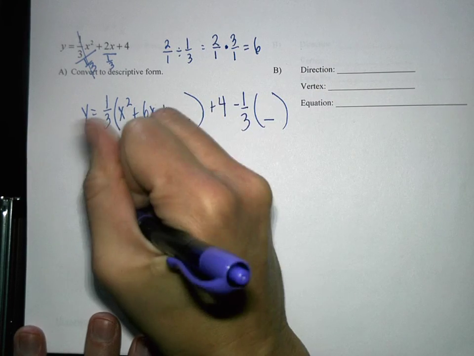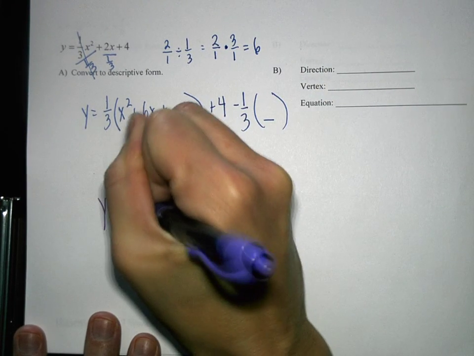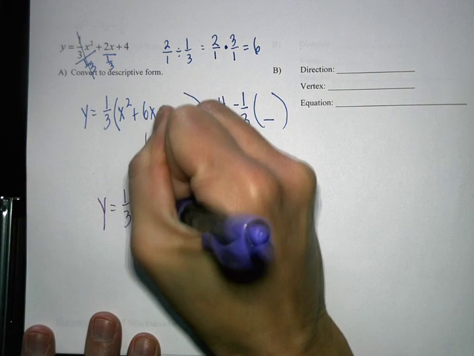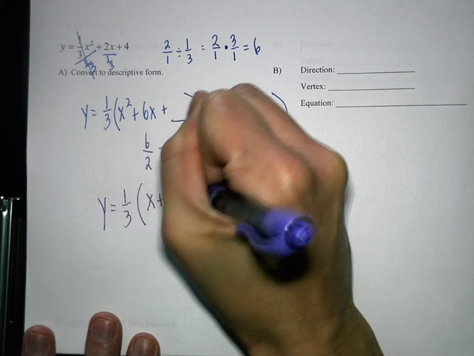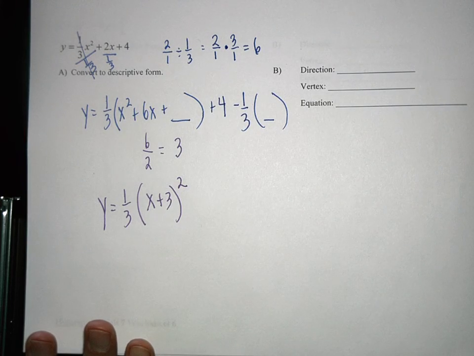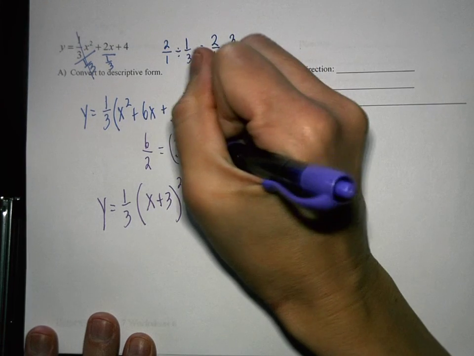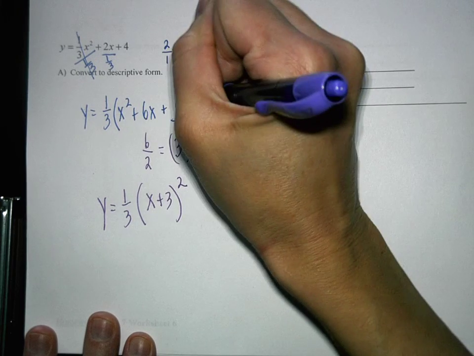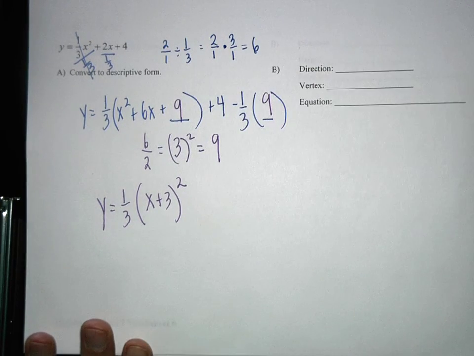So for my equation, we have y equals 1/3, and in my parentheses, I have x plus 3 squared. Next, we take that 3 and we square it, and 3 squared makes 9. So in my blanks, I get a 9.